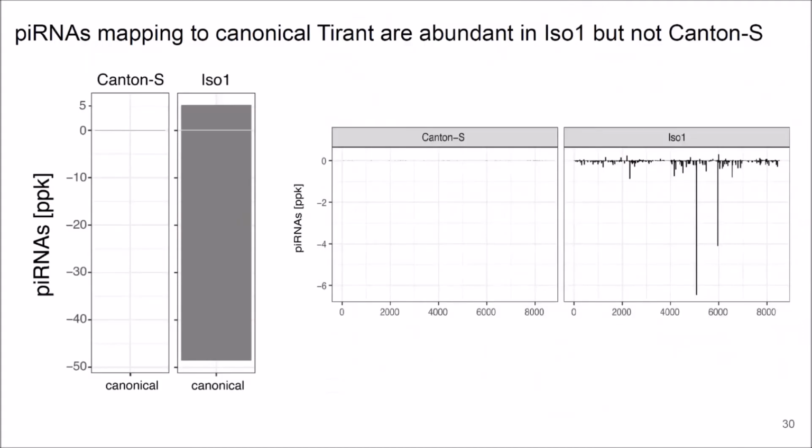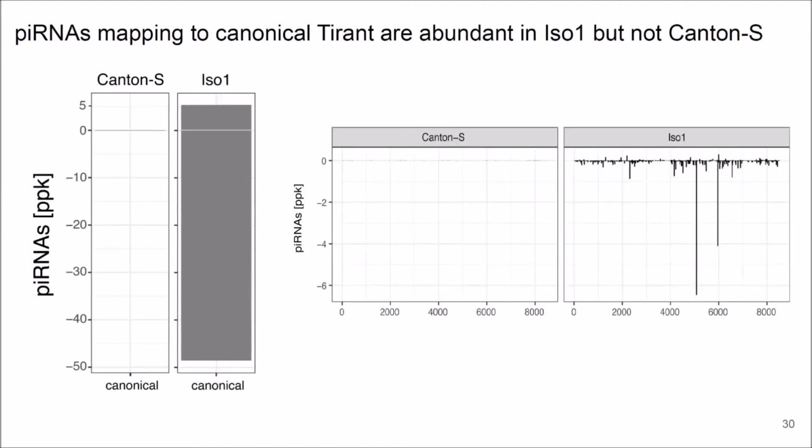One of the last things that we wanted to look at in terms of characterizing this invasion was the piRNAs, the defense system active against Tirant. Comparing a strain that does not have canonical Tirant, Canton S, versus a strain that does, ISO1, there are no piRNAs defending against canonical Tirant in Canton S, but there is a ton of them in ISO1, which is what we would have expected to see.